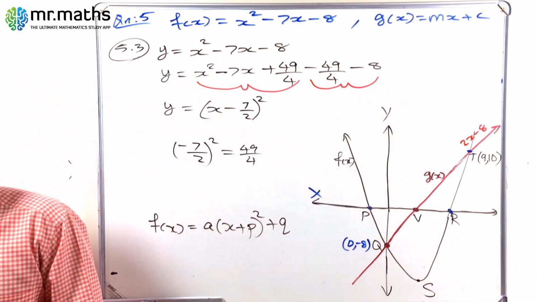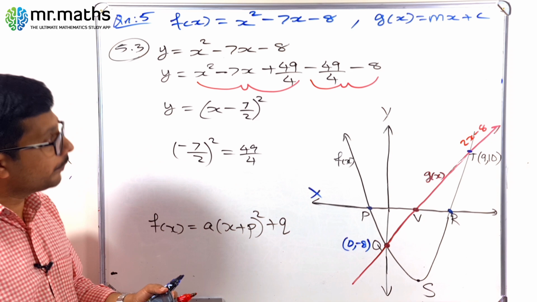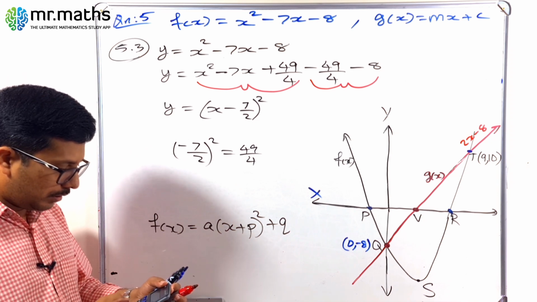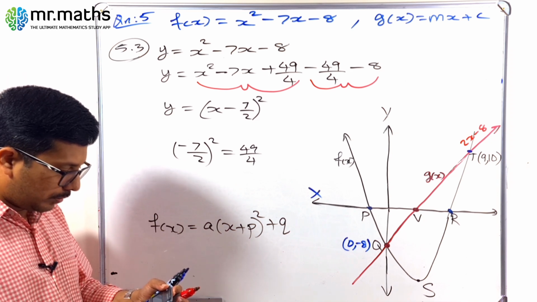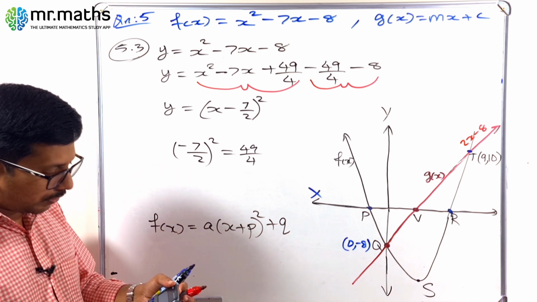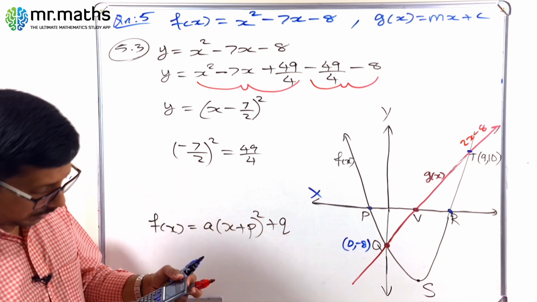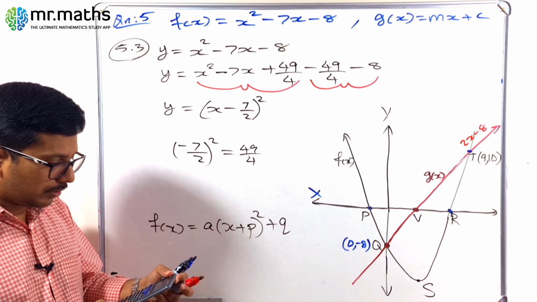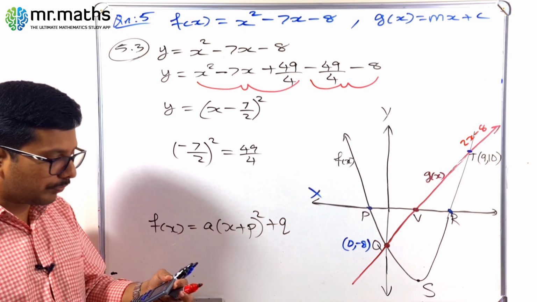So let me check in my calculator. Minus 49 divided by 4 minus 8, so it is minus 81 over 4.